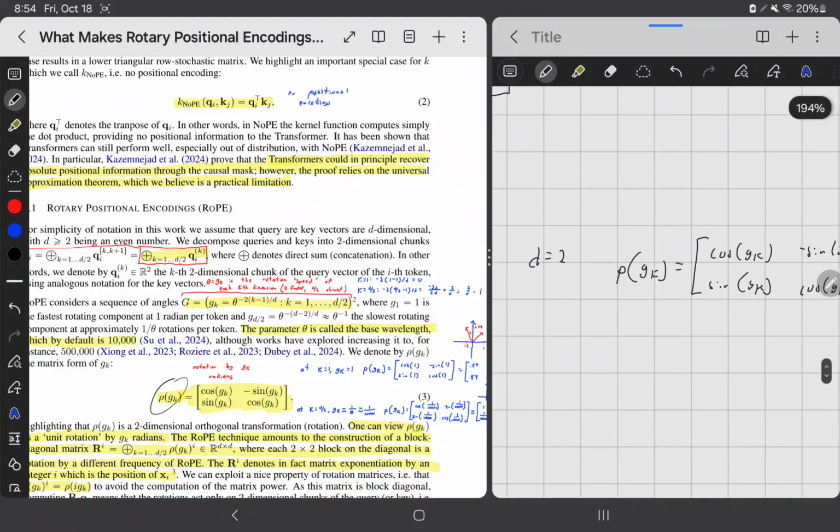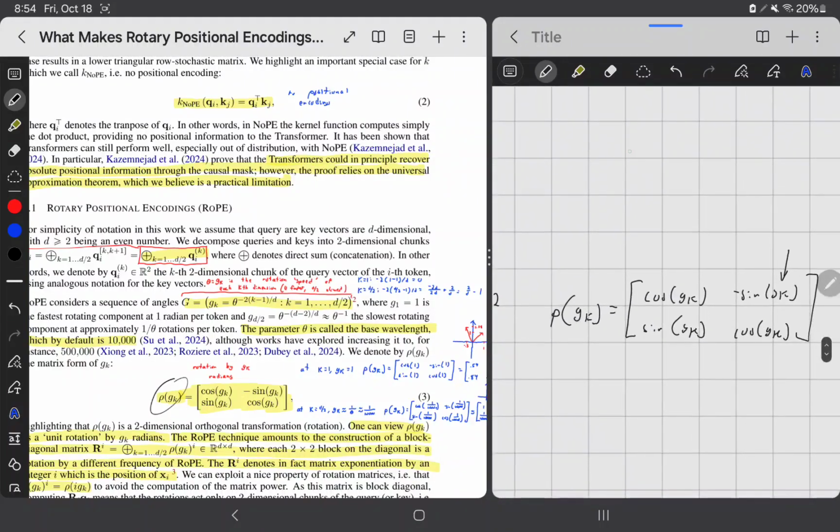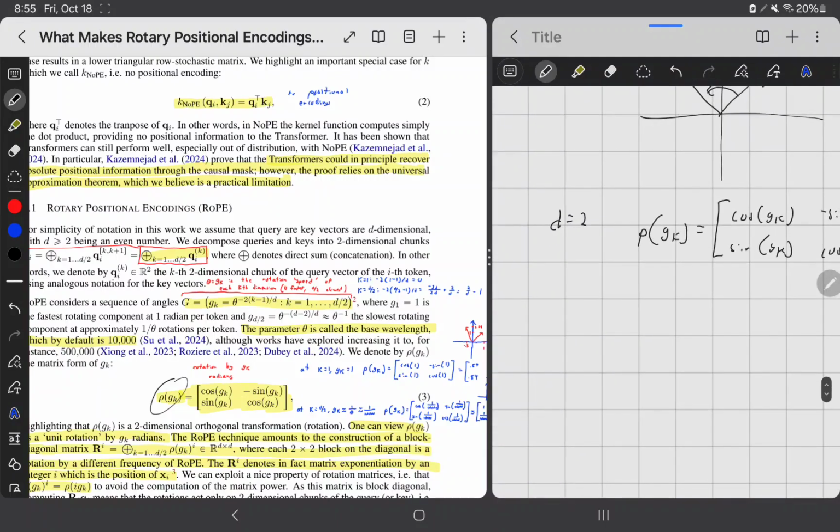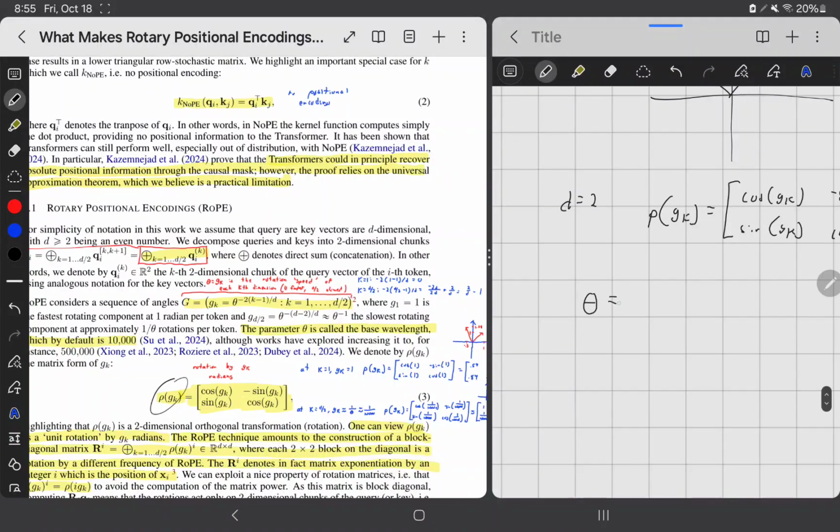So the idea is you just rotate a 2-dimensional vector some amount. You could think of this in terms of theta. You just rotate it some amount, and that's it. You do that via this matrix here. Each g represents radians, so this is a rotation by g radians. And what you do with rotary positional embeddings is you define this theta parameter here.